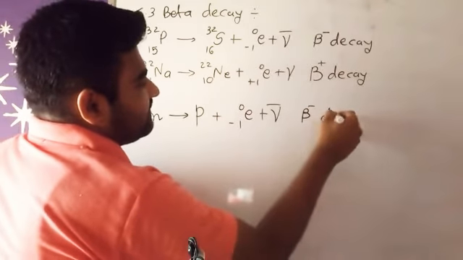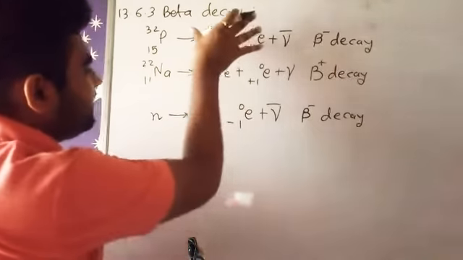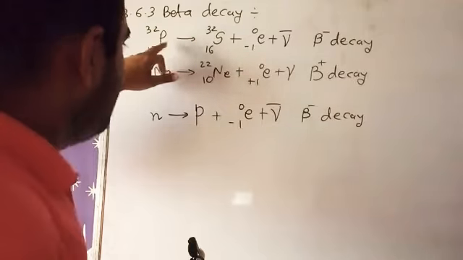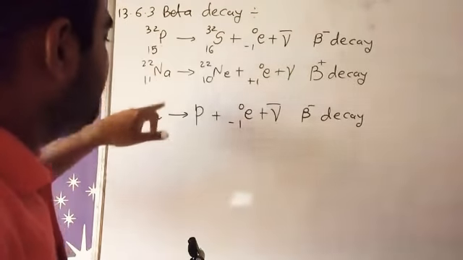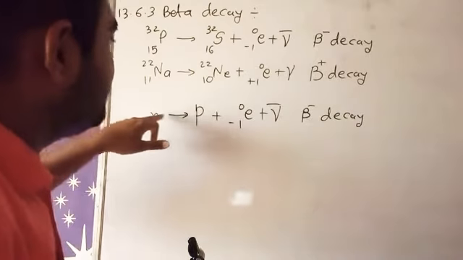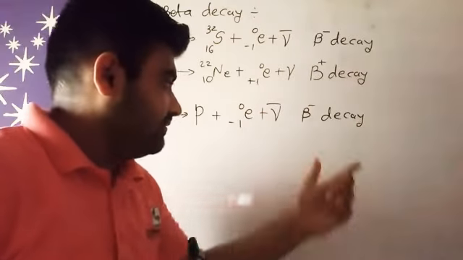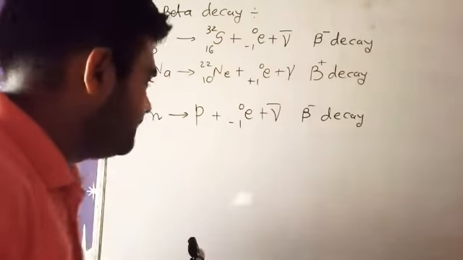It is called beta minus decay. So the actual process for this particular element: inside the phosphorus atom we have neutrons, and neutrons give this reaction for beta minus decay.